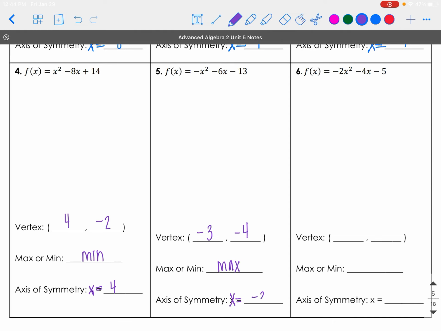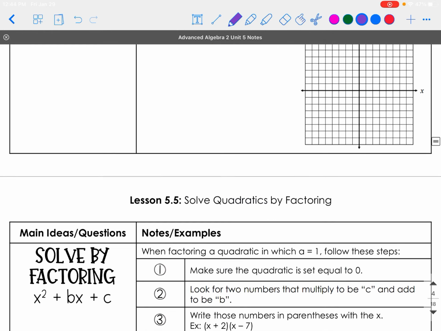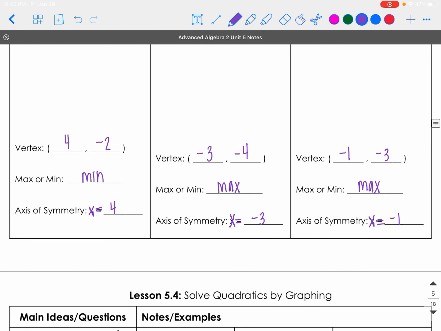And the axis of symmetry is x equals negative 3. Number 6, the vertex, you should have got negative 1, negative 3. It is a max. And the axis of symmetry is x equals negative 1.